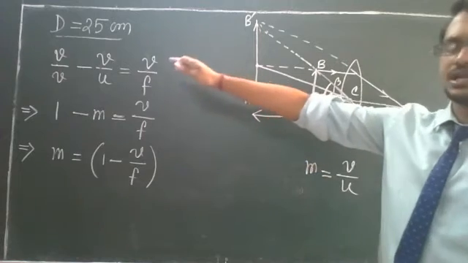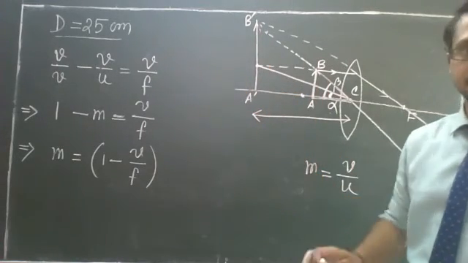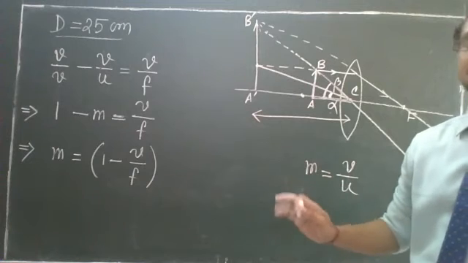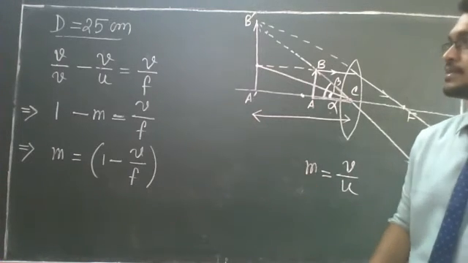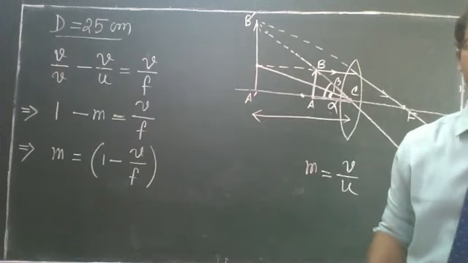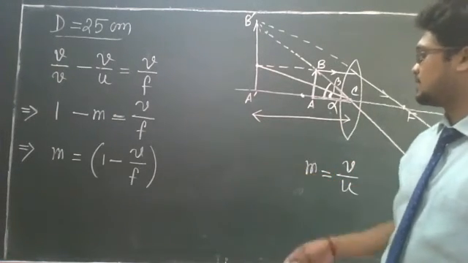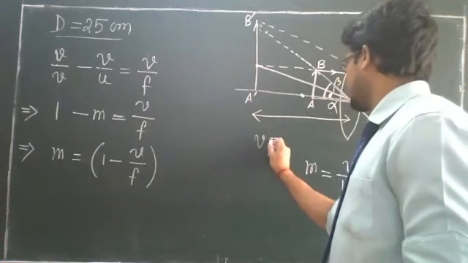It may be more than 25, but it cannot be less than 25. If it is less than 25, then we cannot see the image clearly. It will never be less than 25. So for distinct vision, we are taking V equal to what?